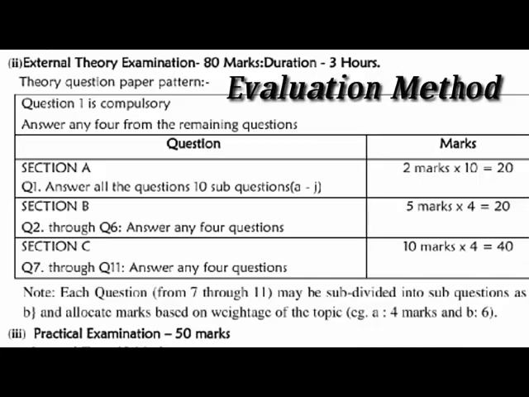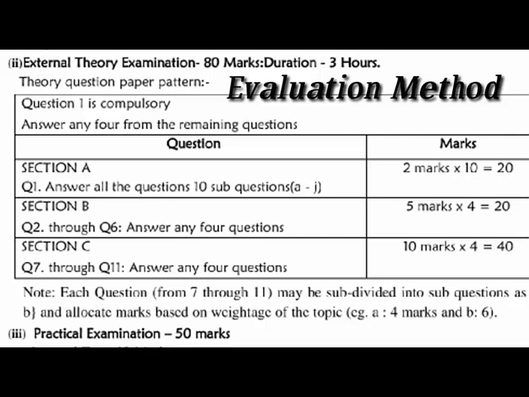The evaluation method for this exam is, for theory we have a total of 3 sections in the university exams: section A, B and C. In section A you will get 10 questions. Out of 10 you need to answer all the 10 questions, which carry 2 marks. It means that 2 into 10, you will get a total of 20 marks for section A. In section B you have 5 marks questions.